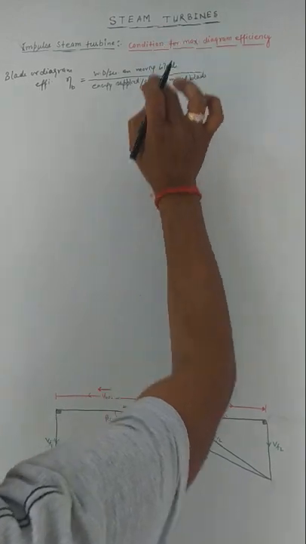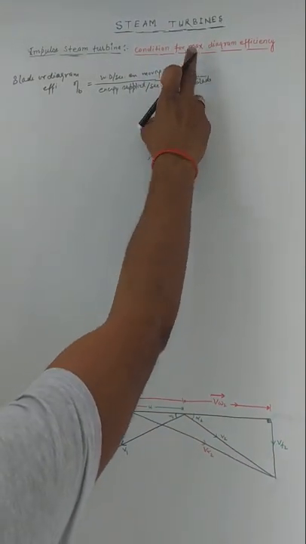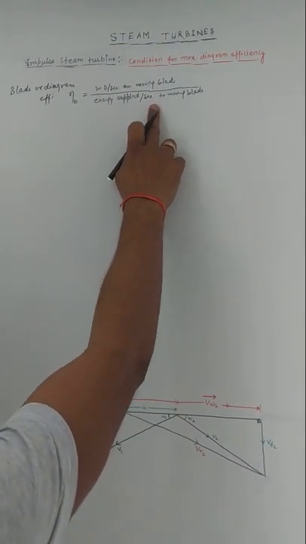This is the output at the moving blade and this is the input energy to the moving blade.